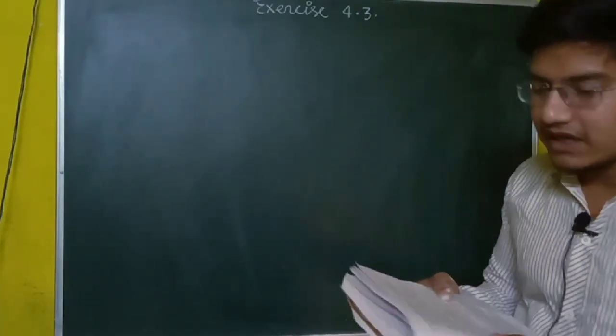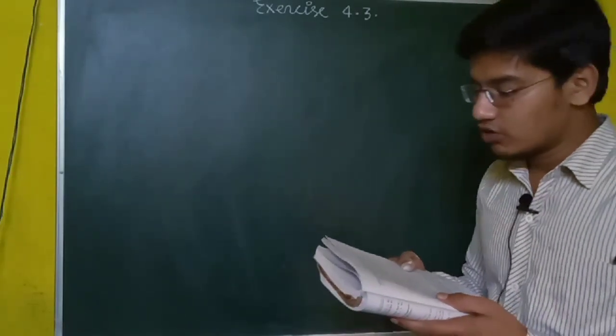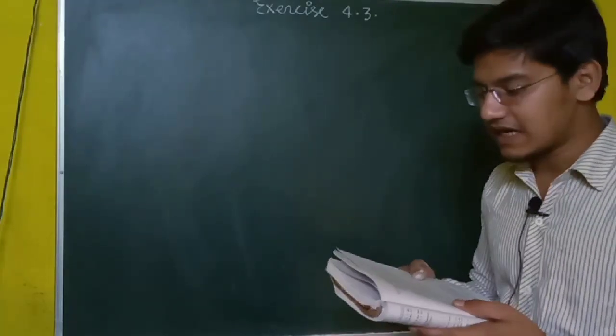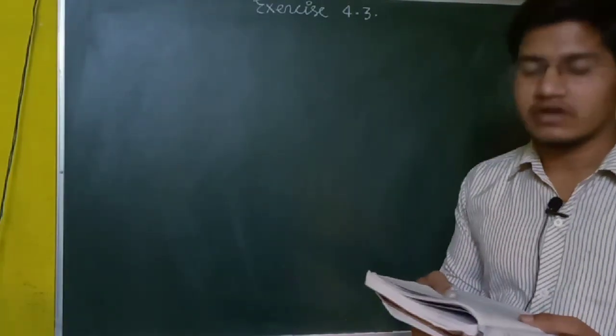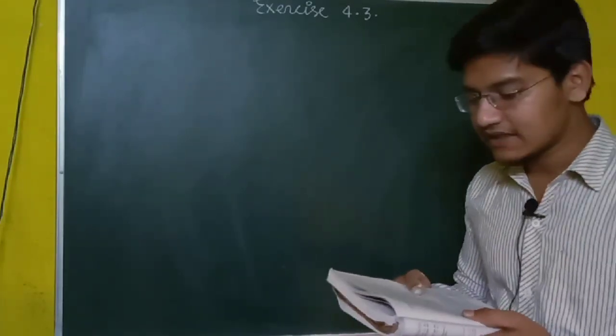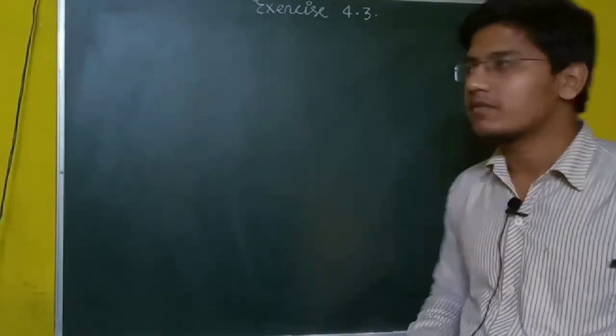Two friends were there, Yamini and Fatima. They have contributed 100 rupees towards the Prime Minister's Disaster Relief Fund. So we have to represent this situation as an equation by taking the contributions as x rupees and y rupees.